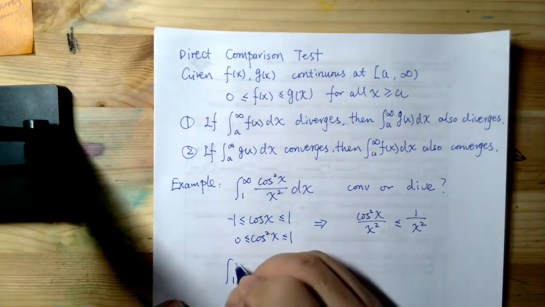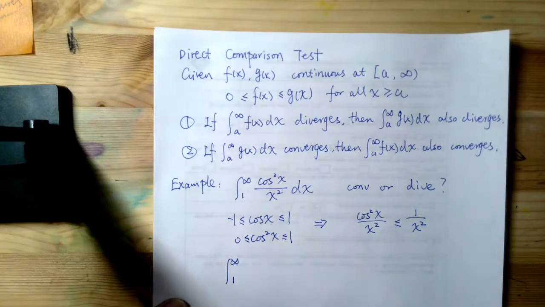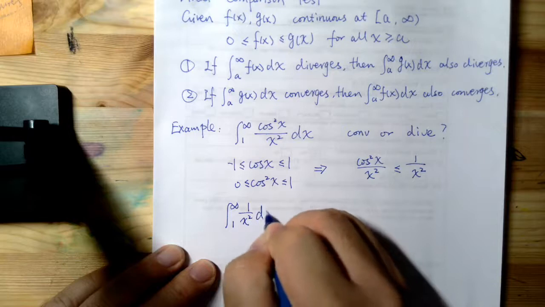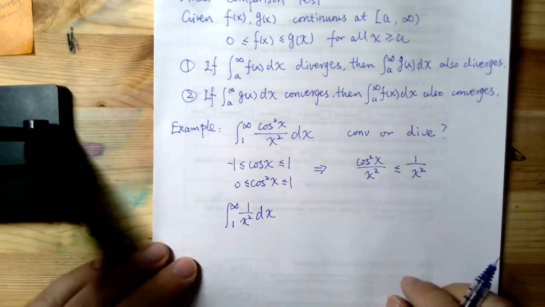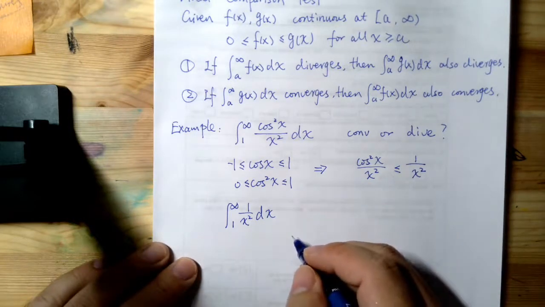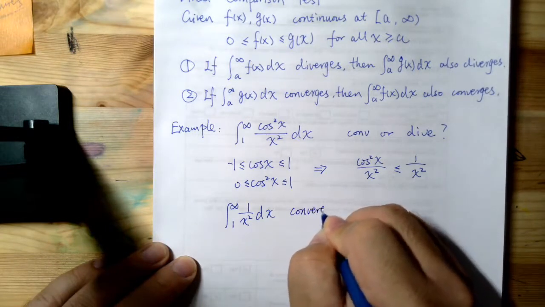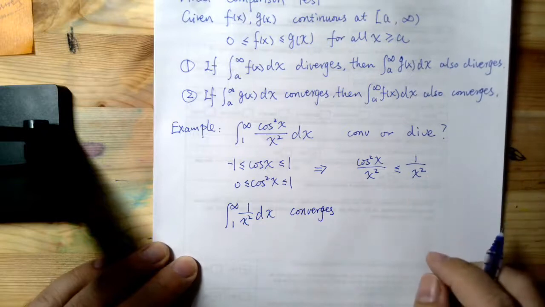And we know that the integral from 1 to infinity of 1 over x squared dx actually converges.